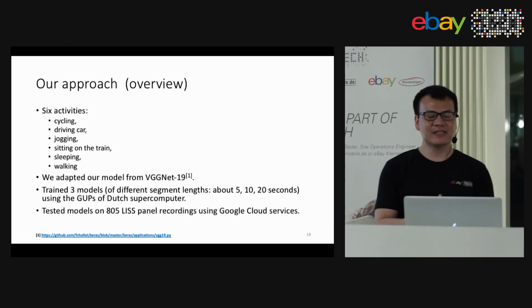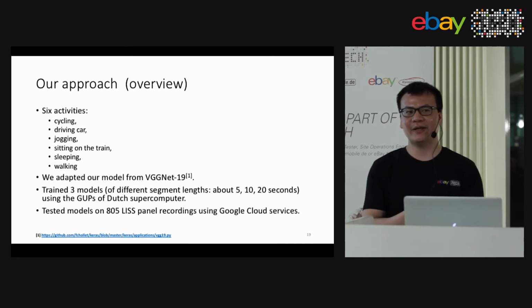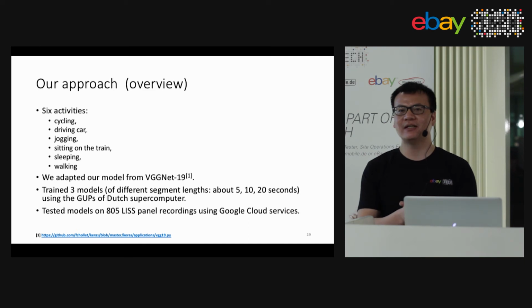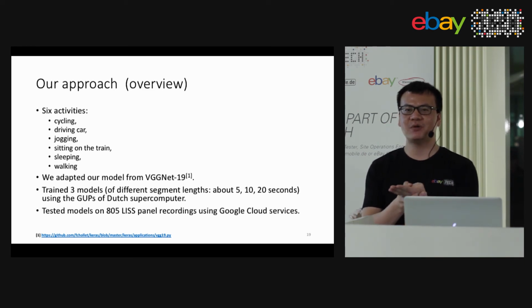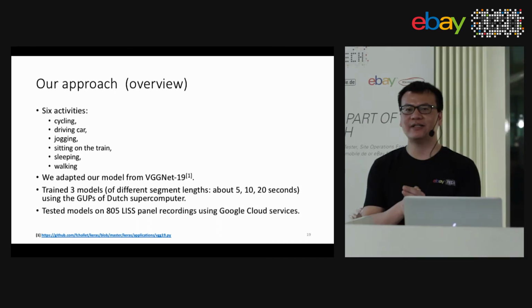So in our case, this study is a very initial study. We want to have a quick result, simply to prove the concept. So we chose the simplest model which we can implement quickly, and we picked these 6 types of activities we can relatively easily collect.